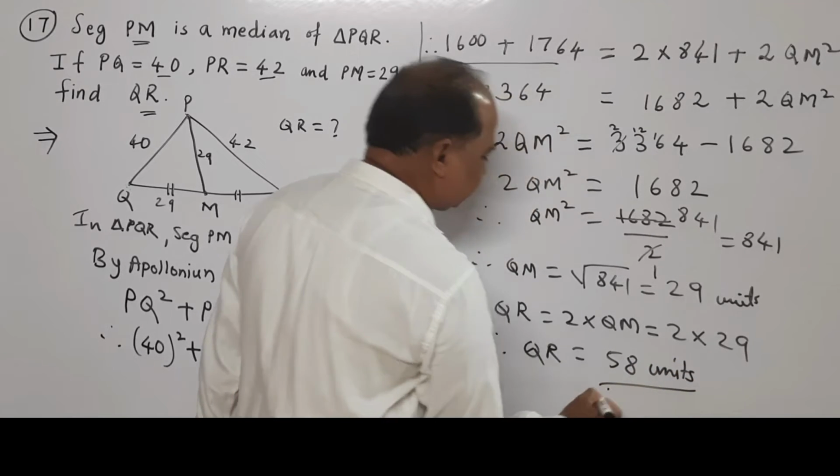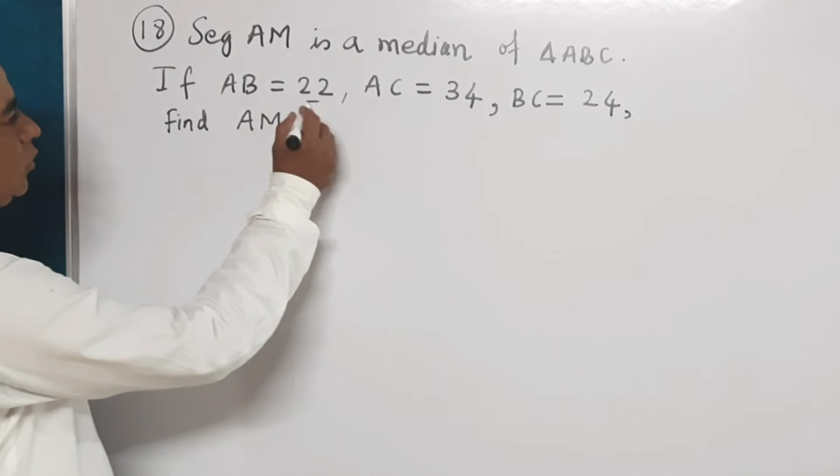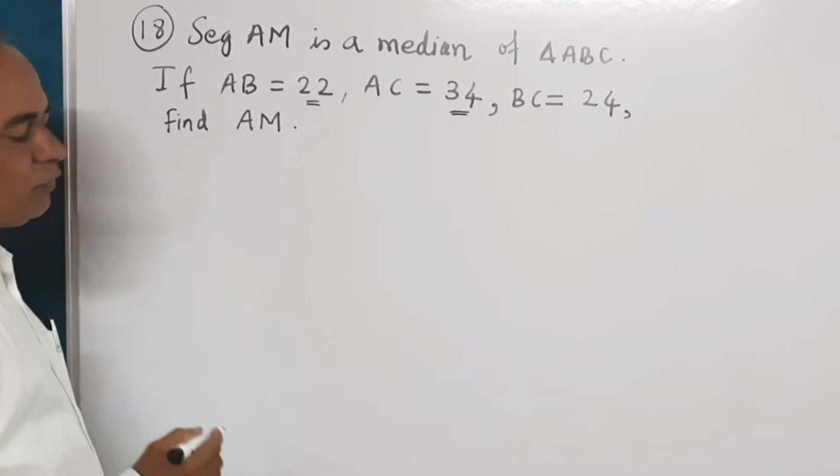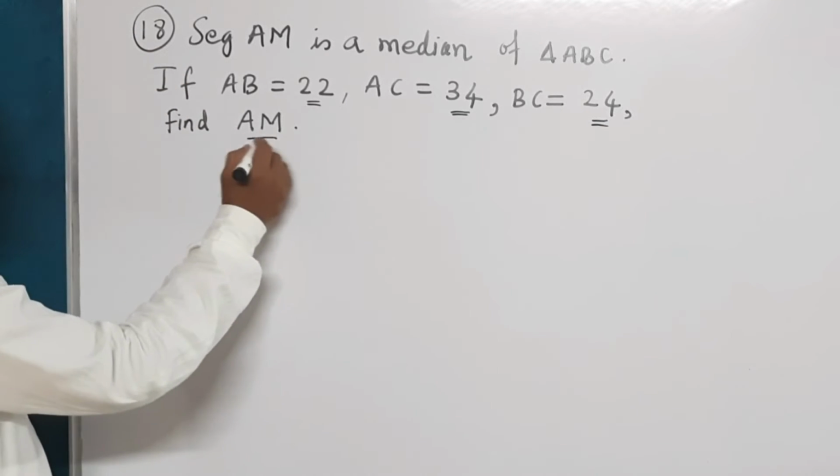Example number 18. Segment AM is a median of triangle ABC. If AB is equal to 22, AC is equal to 34, BC is equal to 24, find AM.